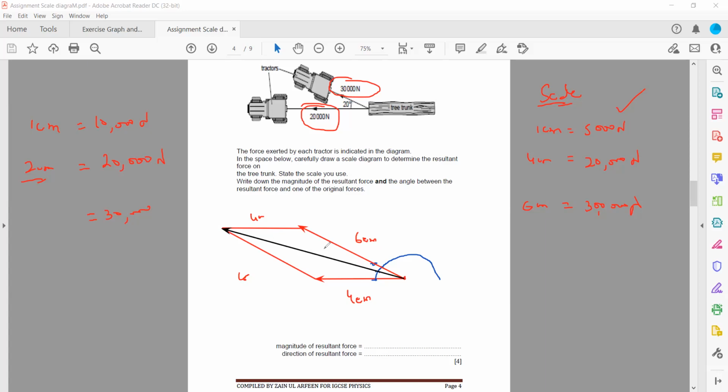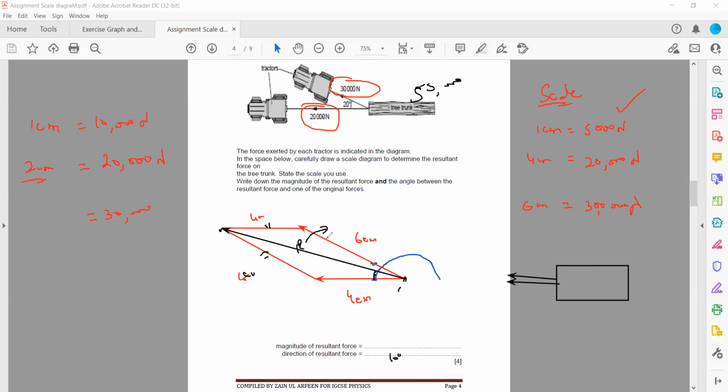Measure the length of this resultant. What is the length of the resultant here? Also measure the angle; if it comes out 10, you write 10 degrees.